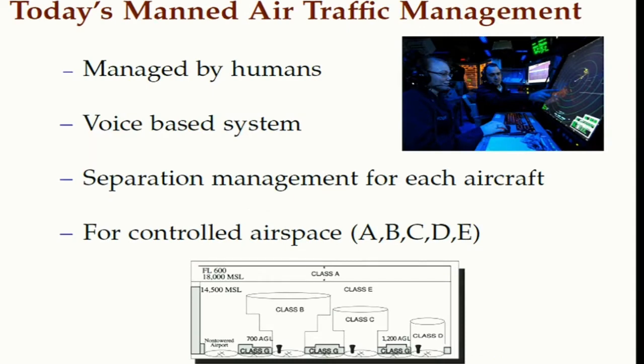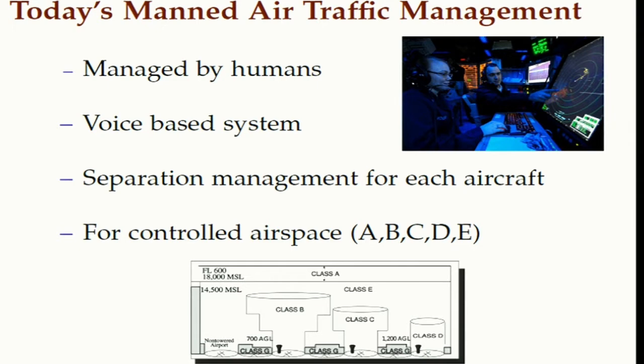When you think about today's manned air traffic management and look into how it's actually managed, it is managed by humans. It's primarily a voice-based system, so there are air traffic control officers who literally tell each and every passenger aircraft pilot, you go 1,000 feet up, you go 1,000 feet down.